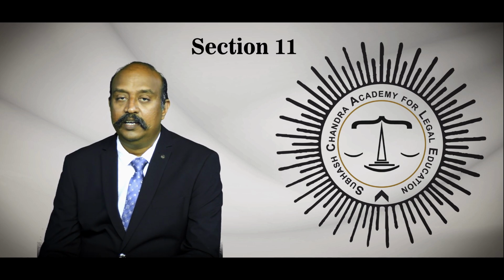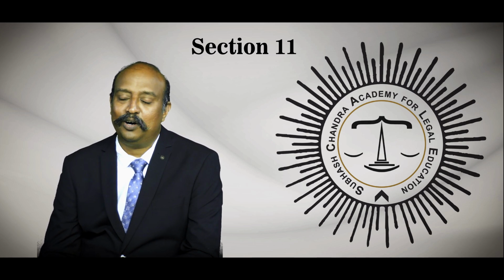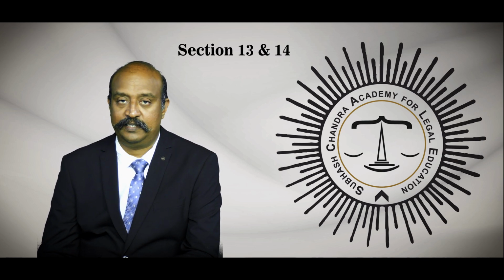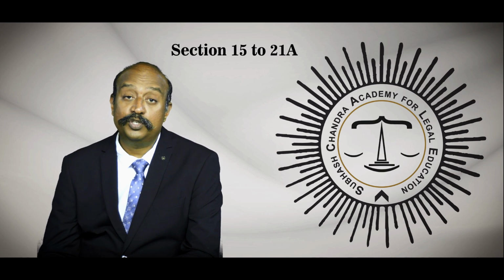Section 11 deals with the well-known doctrine of res judicata, which is very, very important. Sections 13 and 14 relate to foreign judgments. Sections 15 to 21A regulate the place of suing, and Sections 22 to 25 make provisions for transfer and withdrawal of suits, appeals and other proceedings from one court to another.